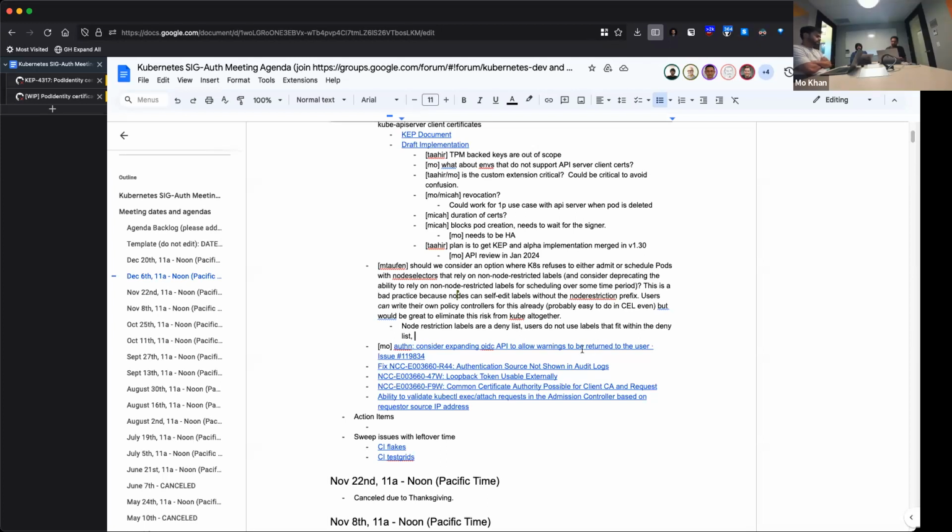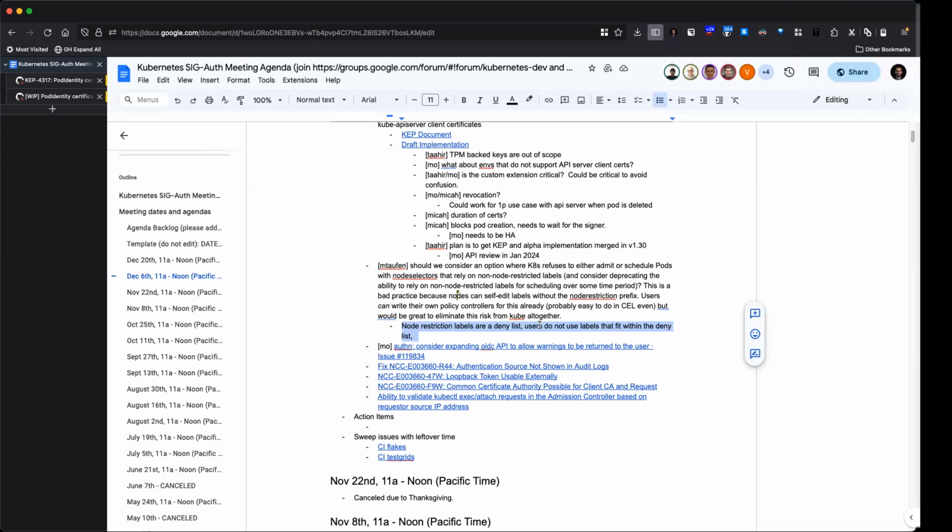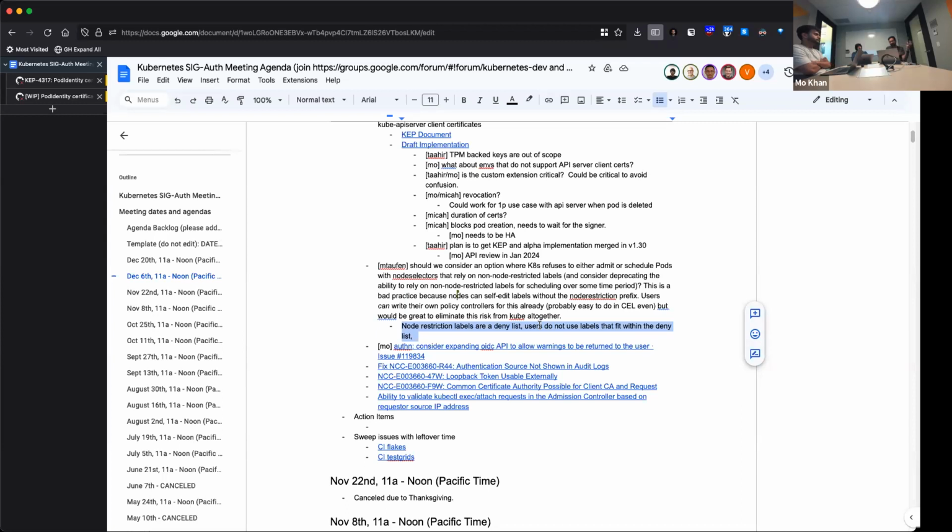Okay, so did I capture it at a high level that the node restriction labels are a deny list of a specific bucket, but people don't put their special labels within that bucket? Yep, that's basically the problem. They put them outside that bucket, which we say is a free-for-all for nodes. And thus a node compromise means that the separation and isolation that they were trying to make has been effectively invalidated. Right. It never existed in the first place. It was relying on the node being well behaved, basically.